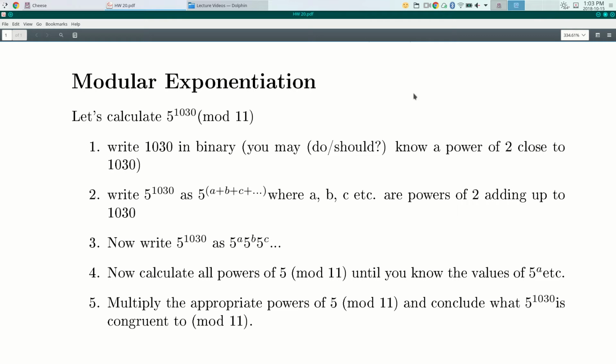What is the next one? It repeats. Between 0 and 11. So now we can say 9, 4, 5, 3, 9. You get something between 0 and 10. Yeah, probably.